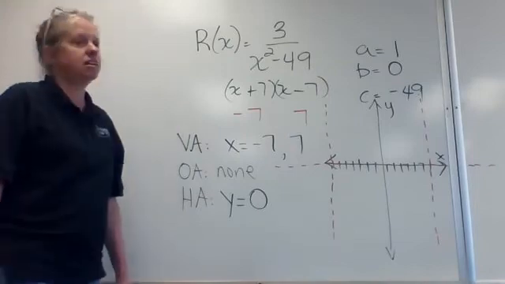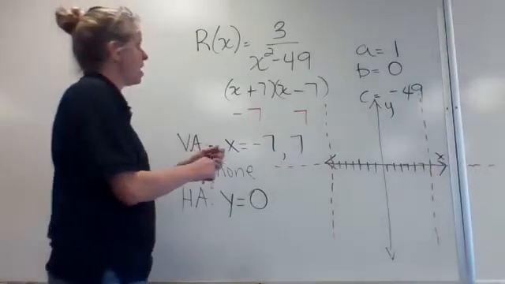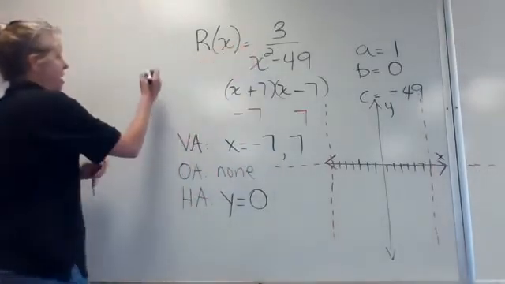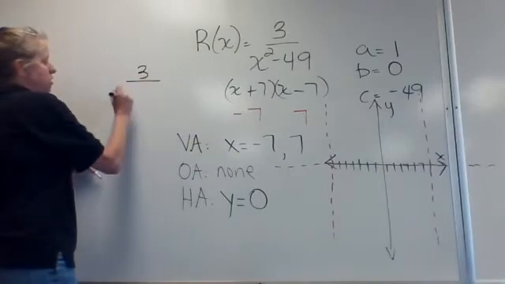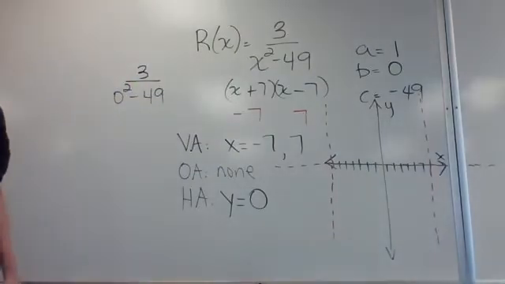So I'm going to find the y-intercept. What are your x's at the y-intercept? 0. So replace all your x's with zeros, and your y-intercept is what you have left. If I replace my x's with zeros here, I would have 3 over 0 squared minus 49.